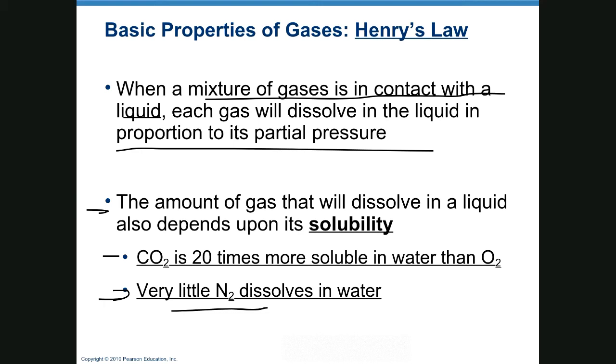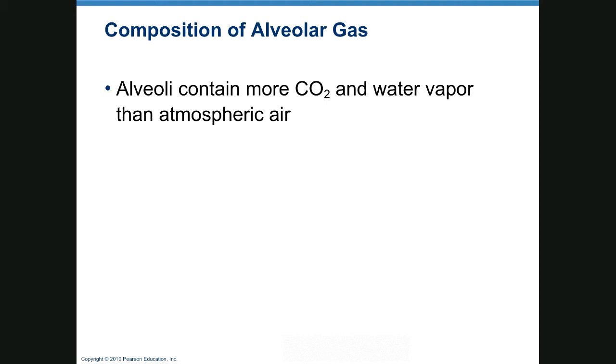If they come up too fast, nitrogen bubbles are released, and it's essentially boiling blood, even though it's not a high temperature, because the nitrogen is boiling off, and it will kill people. Okay, alveoli contain more CO2 and water vapor than atmospheric air, but still it's low enough that we can get diffusion across to the alveolar side from the blood.